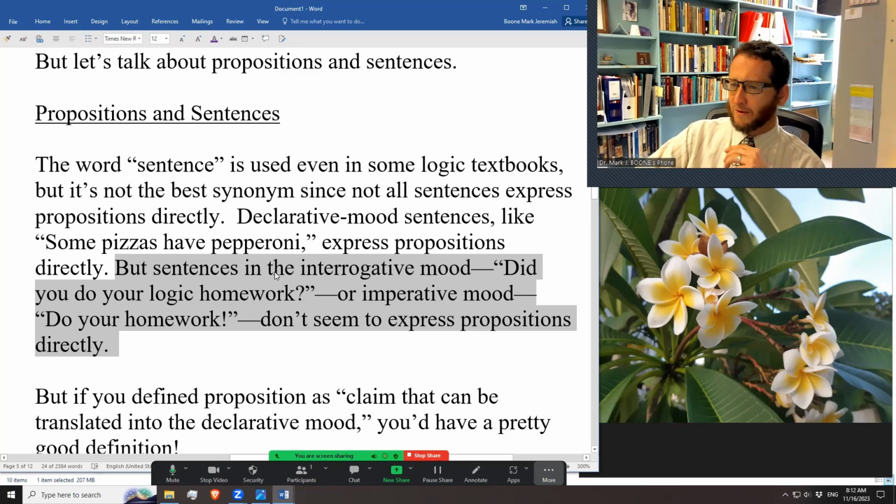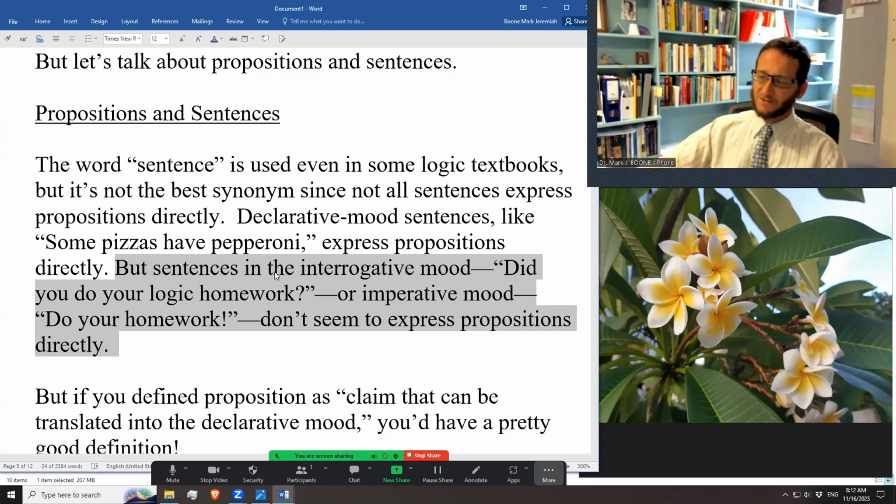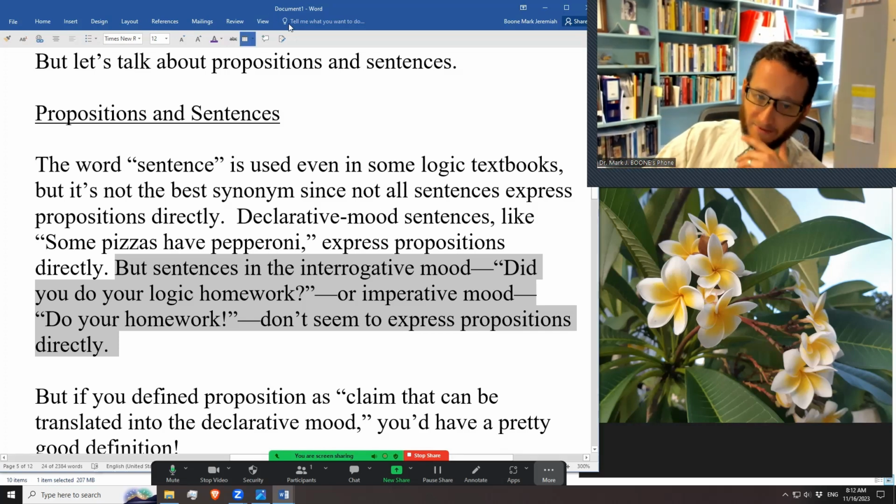Although actually, I think we can say with at least some plausibility that sentences in the imperative mood do express propositions, like "it is the case that you need to do your homework." Nevertheless, there's some subtlety there, and maybe they don't.